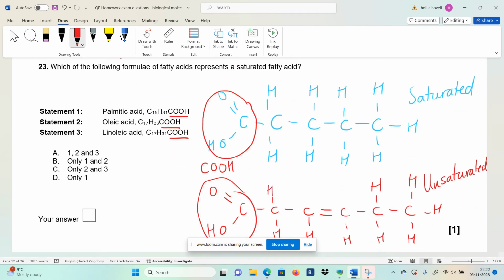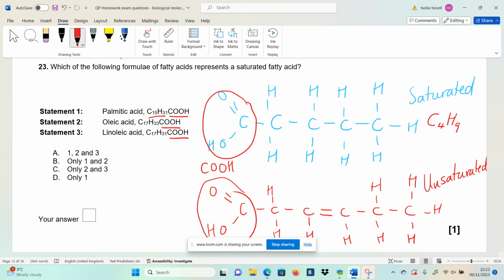So if it's saturated, for the number of carbons, this one here, for example, has got 4 carbons in that chain, and it's got 9 hydrogens, so H9. So the ratio is times 2, add 1. So on here, 15 times 2 makes 30, add 1 makes 31, so that's the same.